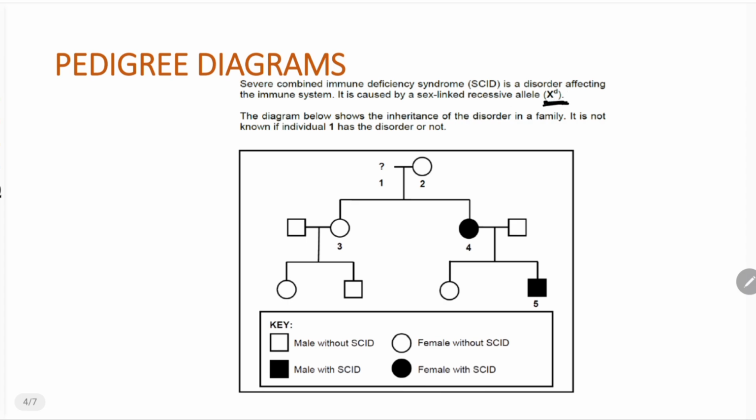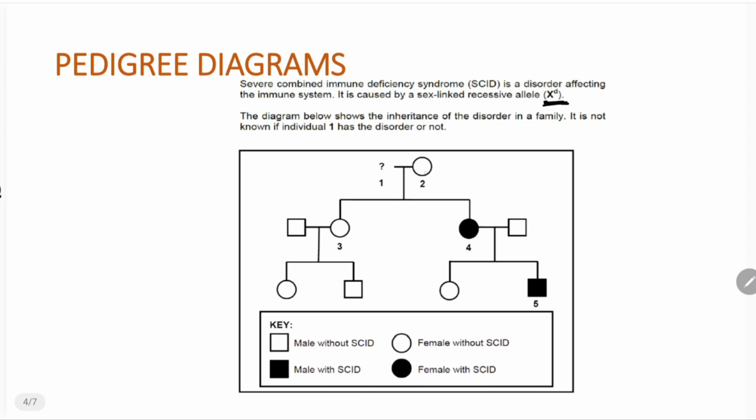Now, let's try to find the genotype of each and every individual in this family. What is very simple to do with cases that involve sex-linked genetic disorders is that we know that the gonosomes of females have to be XX. And the gonosomes of each and every male has to be XY. What is left there is the allele responsible for the disorder, right?